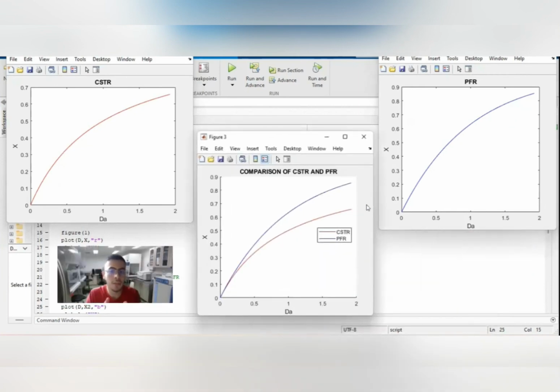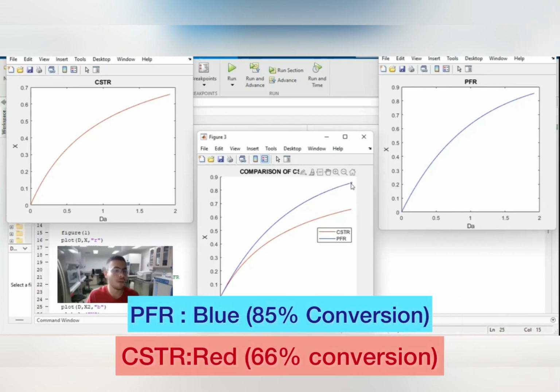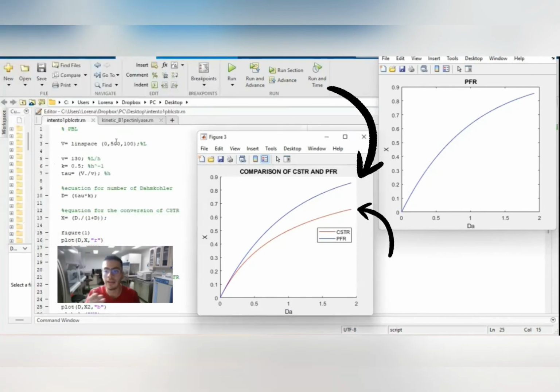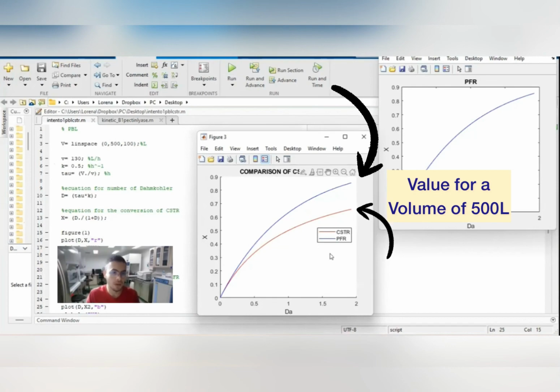In the graphic in the middle, comparing the two reactors, the one that reaches more conversion is the PFR with a conversion of 85%, and the CSTR reaches a conversion of 66%. We noted this because the last value of the intercept between the conversion and the Damköhler number is the specific conversion with a volume of 500 liters. That is the one that we are evaluating.